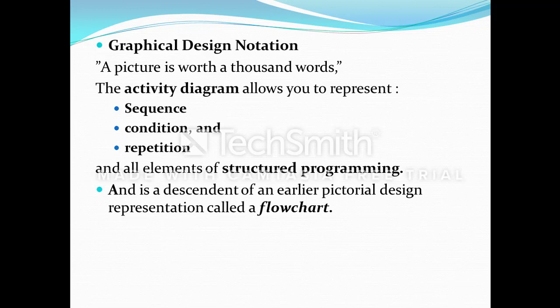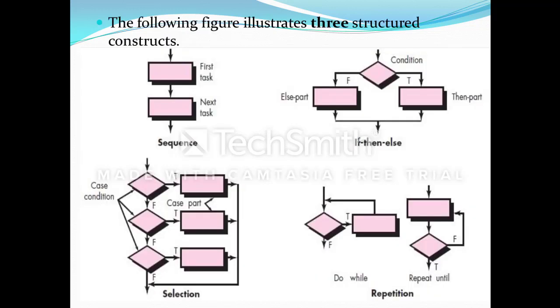Here we are representing these three constructs in pictorial representation. First one is the sequence. Sequence is represented as two processing boxes connected by an arrow of control. Next, the if then else condition. It has a diamond symbol.